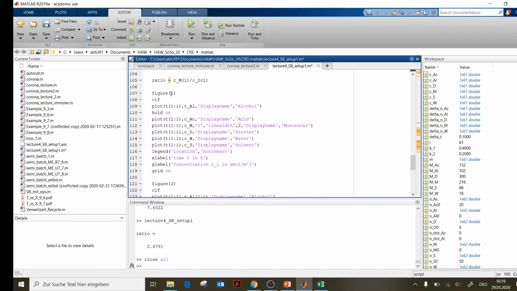Okay, then let's go for the plotting. I said figure 1. I clear all, and then I plotted the alcohol concentration.